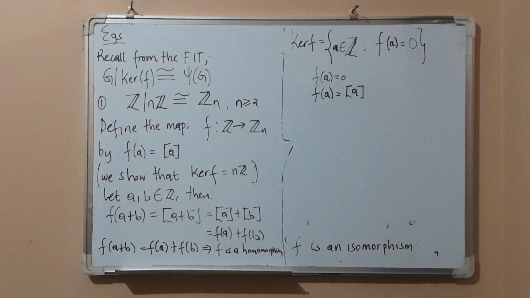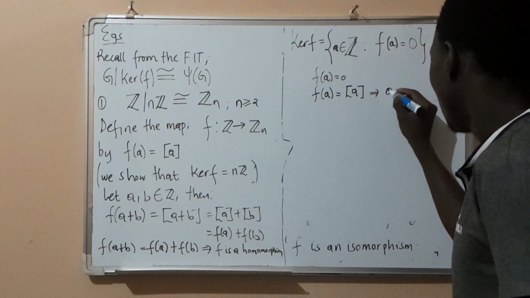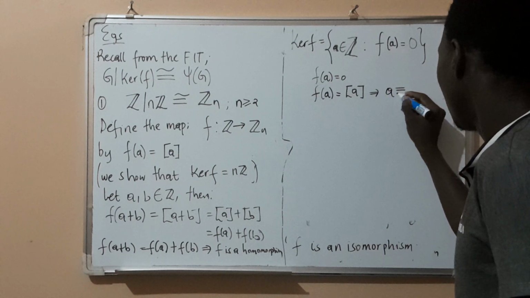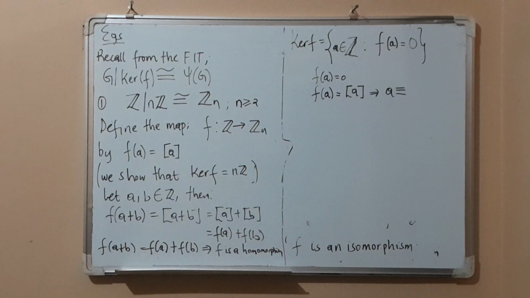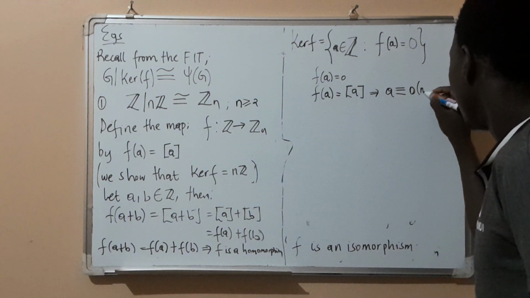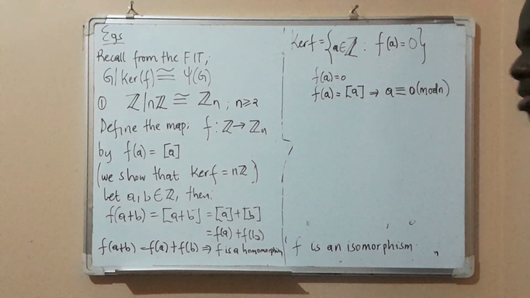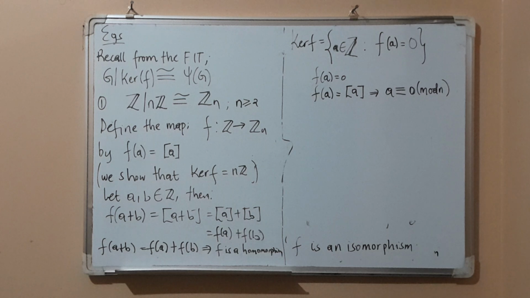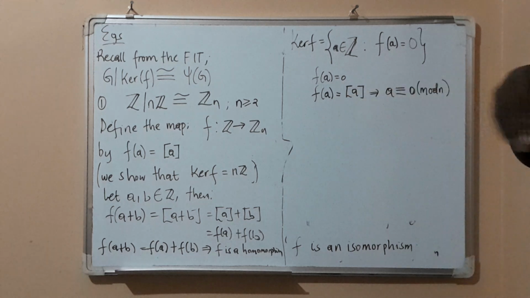And by definition, this implies that a is related to 0 mod n, is equivalent to 0 mod n. So you are an element here if at all.